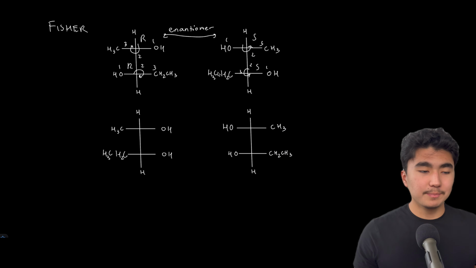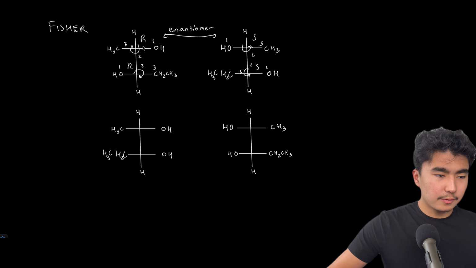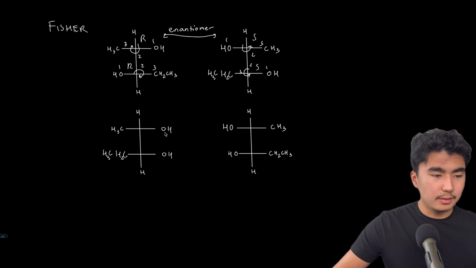This is an enantiomer. Now, what if we're going from this molecule to this one? Our OH is on the right over here, so this is our R configuration, but over here our OH is on the right in that second one.